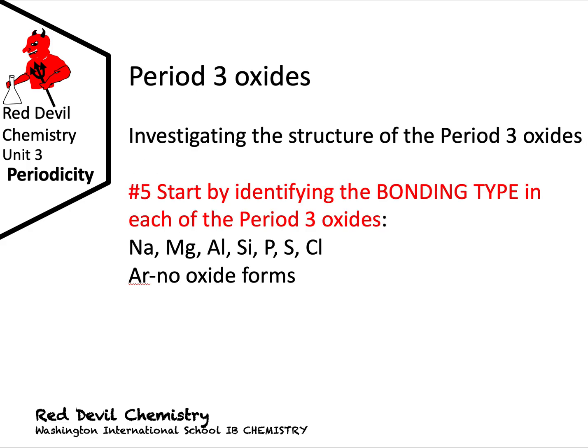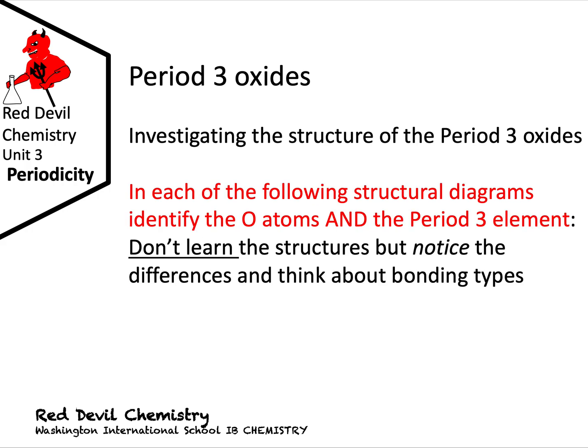And then going to look at, again, each of the period 3 oxides and identify which bonding type is in each. So just look at them, make a list, and write down what you think. So pause again to complete that little mini activity 5. And so I'm going to show you the structures, different ways of drawing each of the oxides.